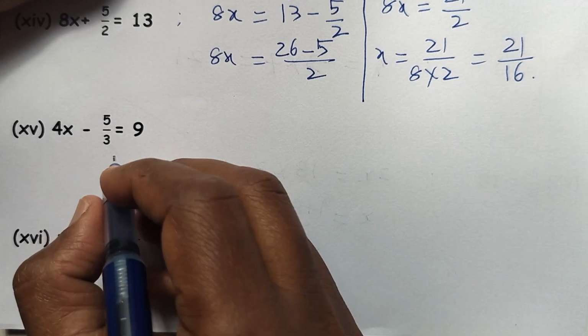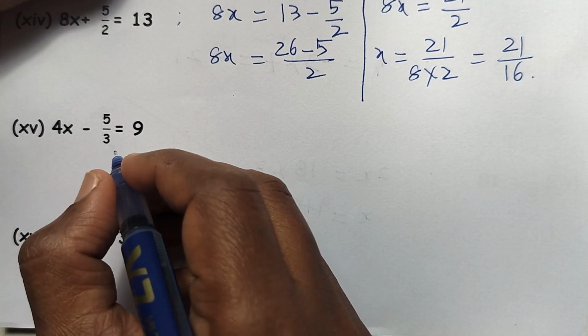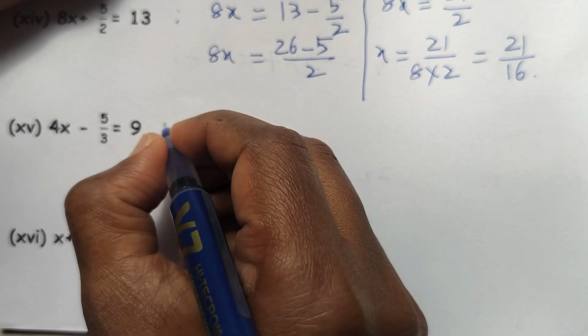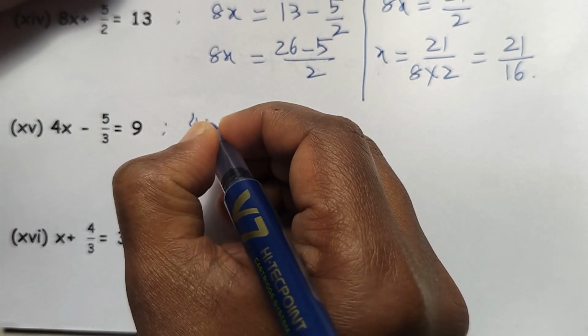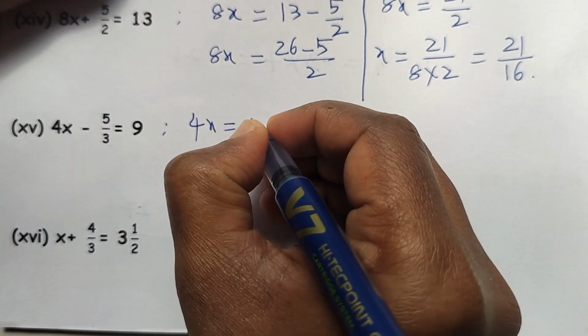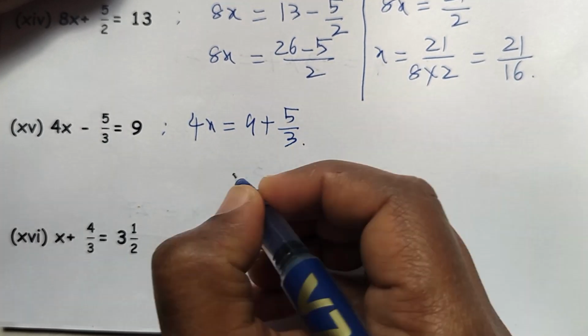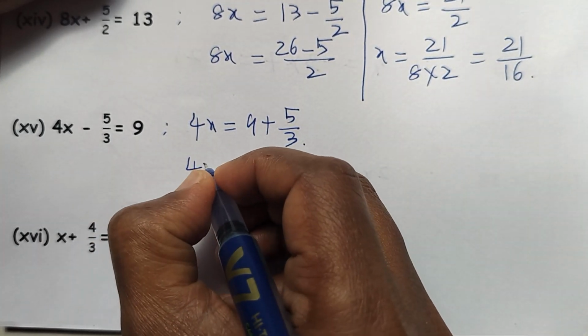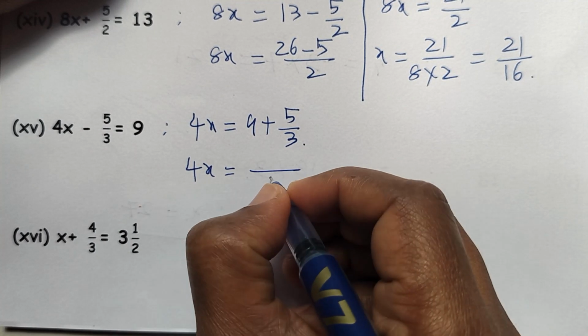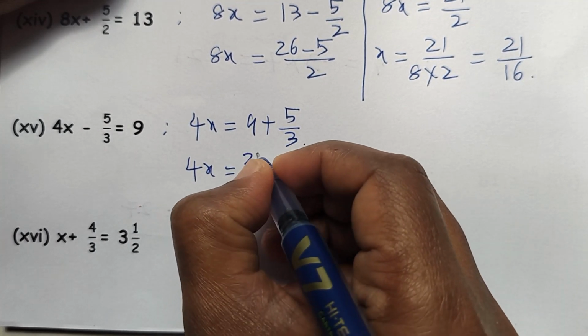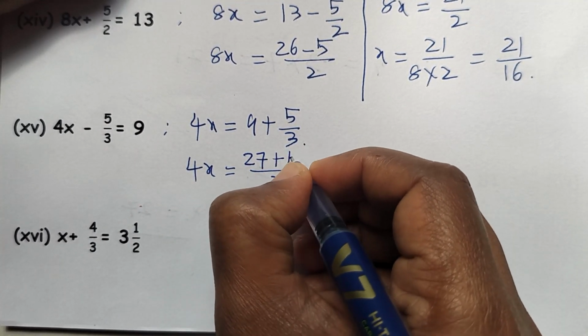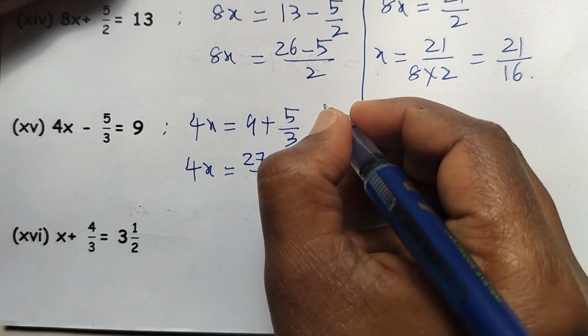Next 15, 4x minus 5 by 3 equal to 9. So that means 4x equal to 9 plus 5 by 3. So 4x equal to 27 plus 5 by 3.